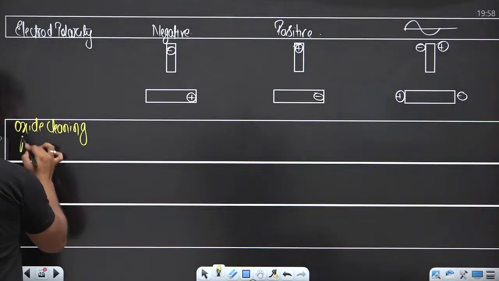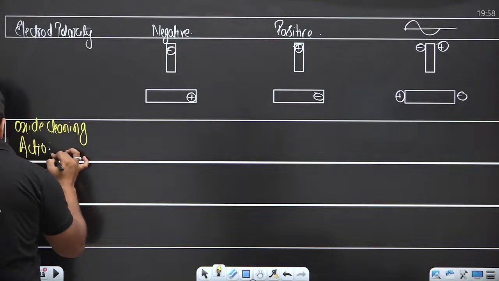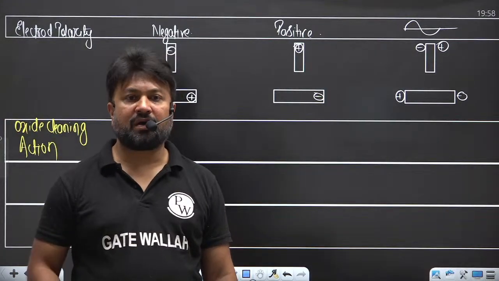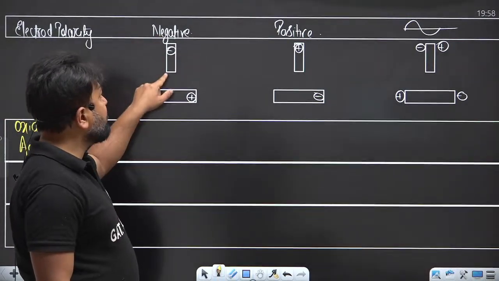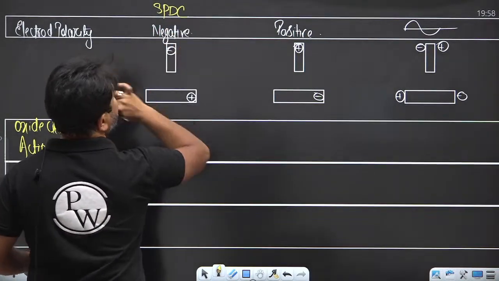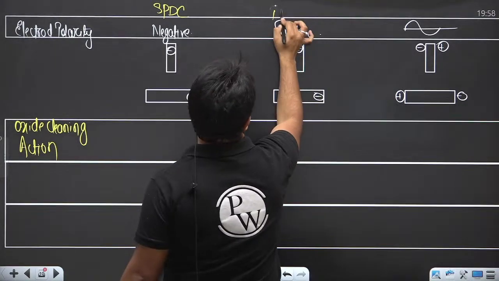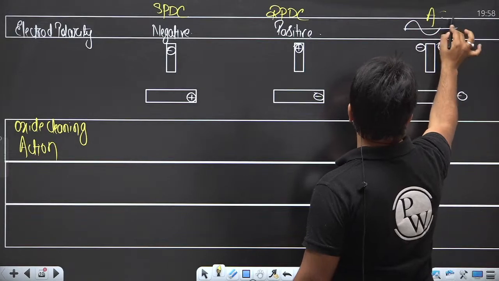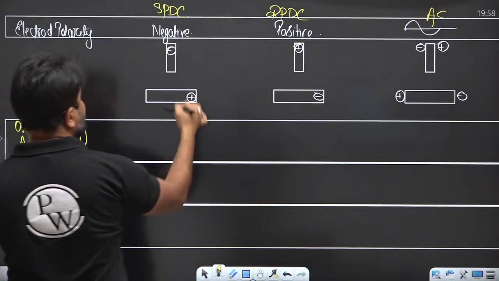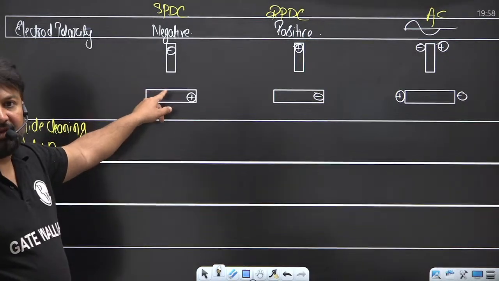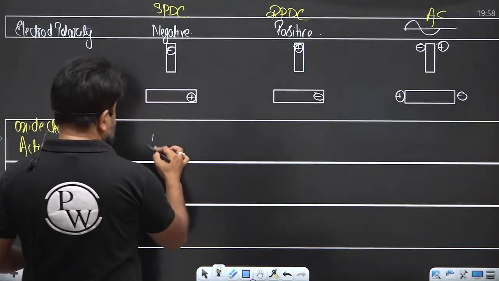Oxide cleaning action means whether the oxide on the surface is going to be removed or not. This is SPDC, this is RPDC, and this is AC polarity. When you are using SPDC condition, there will be no removal of the oxide from the surface, so no oxide cleaning.